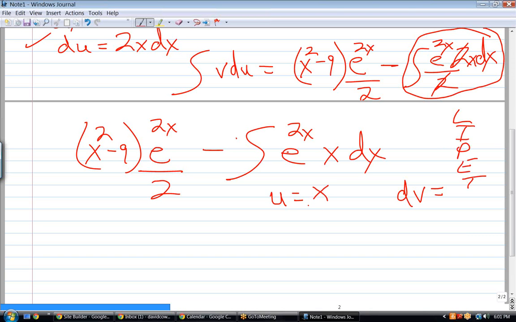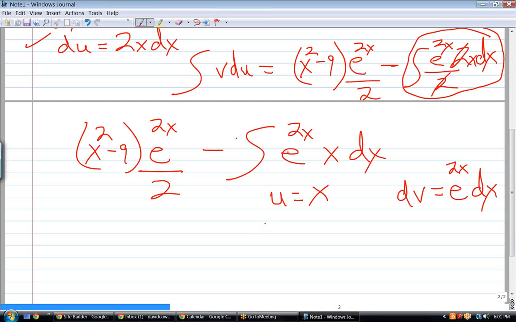Correct. And dv is... That's why I'm surprised they haven't taught you that, because it's pretty critical. Yeah. To know the priority of what to make u. So dv is what? E to the 2x dx. Right. Remember, dv is everything else.